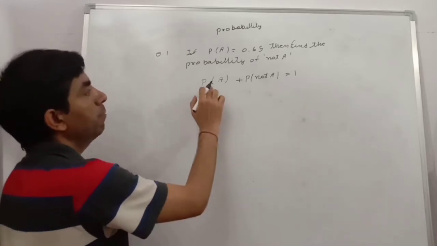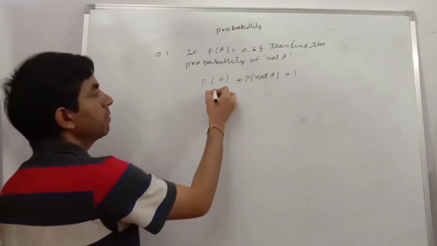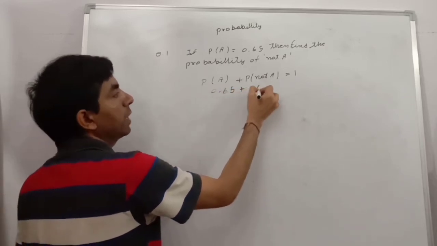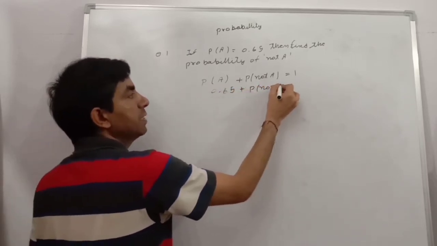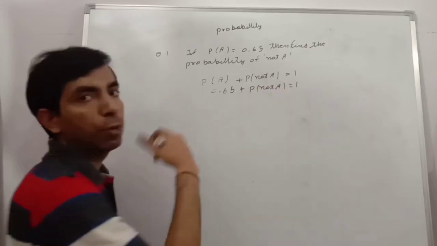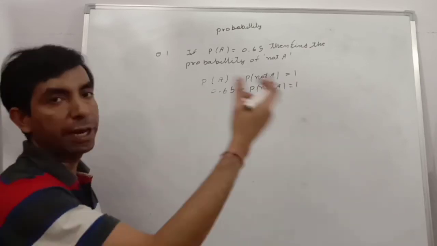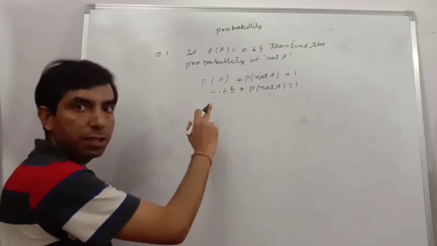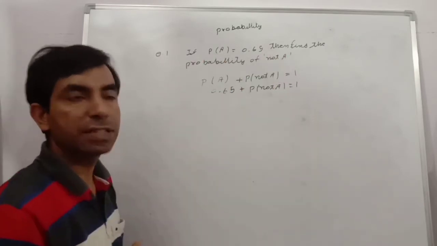Here we are given the probability of A is 0.65 and the probability of not A is not given, so write it as it is, and 0.65 will be taken to the other side. Its sign is positive addition, so it will be subtracted on the second side.